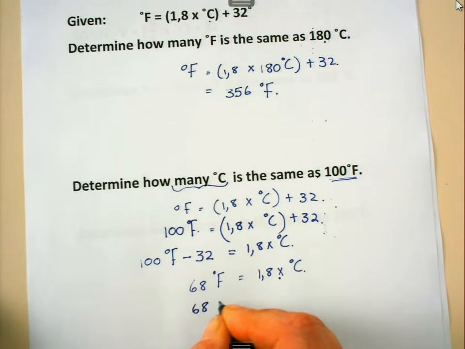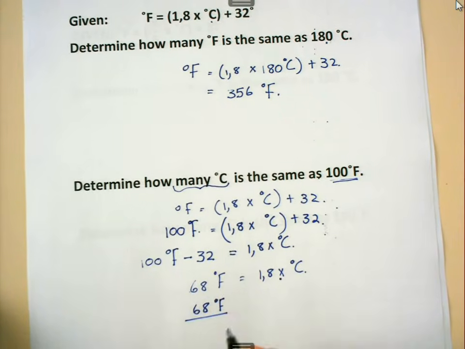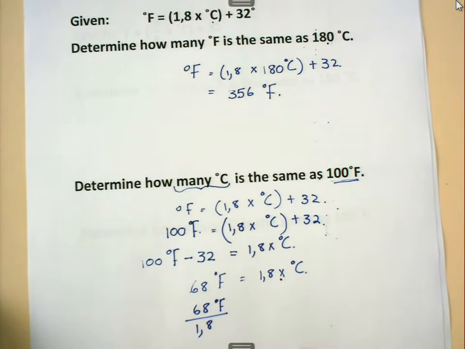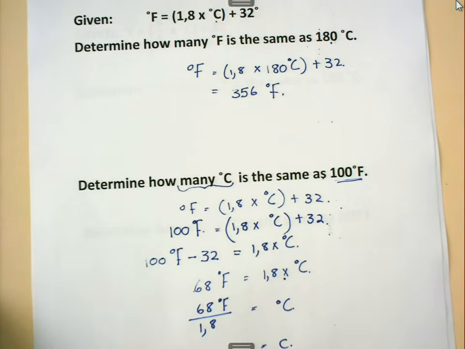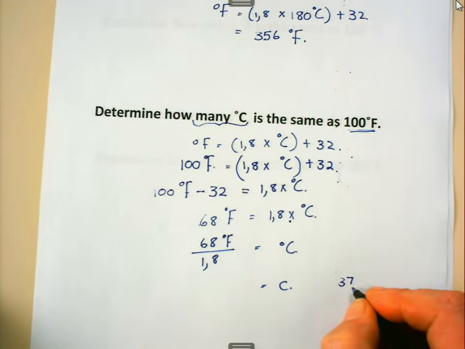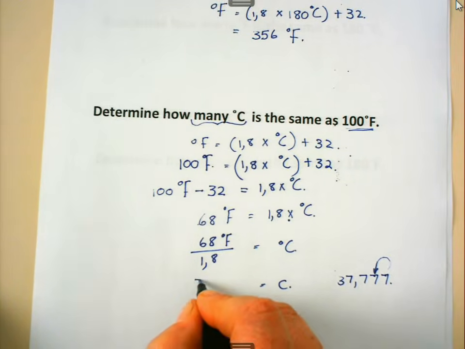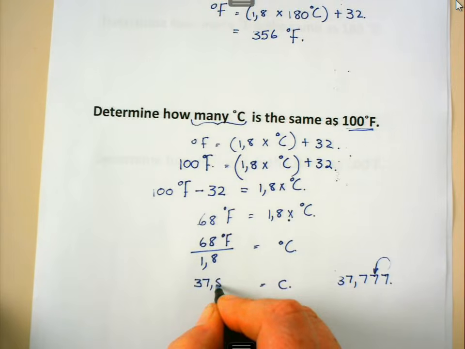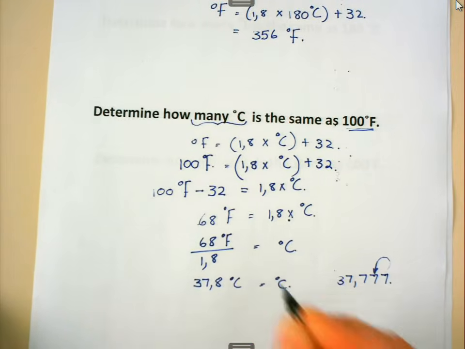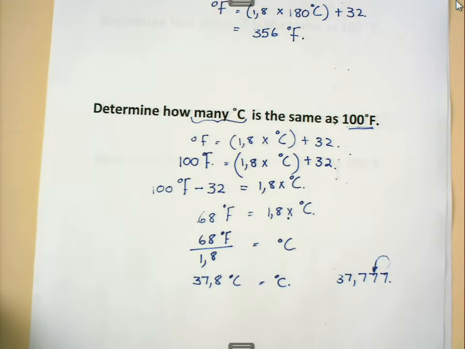So to get my degrees Celsius, I'm going to divide on this side by 1,8. Then my degrees Celsius will be 68 divided by 1,8, and you will see the answer is 37,777. If I round off to 1 decimal, this 7 makes that 7 an 8, so 37,8 degrees Celsius.